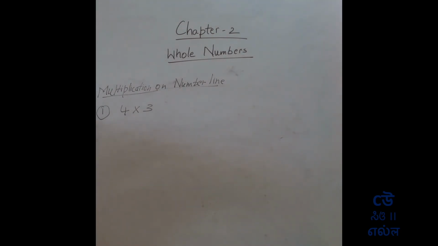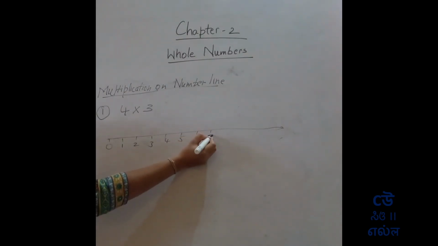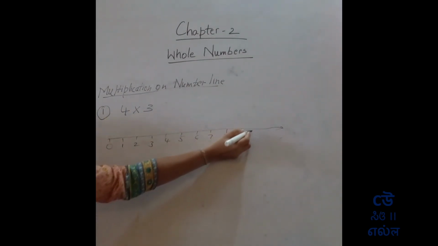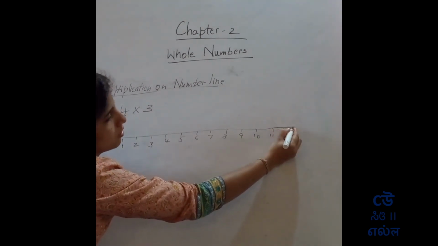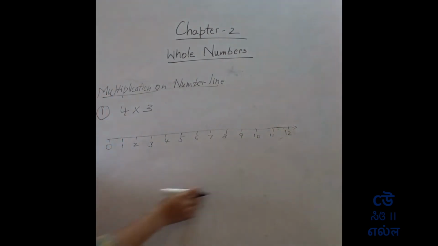You have to mark the number line: 0, 1, 2, 3, 4, 5, 6, 7, 8, 9, 10, 11, 12. Okay. Next, there was 4 into 3.